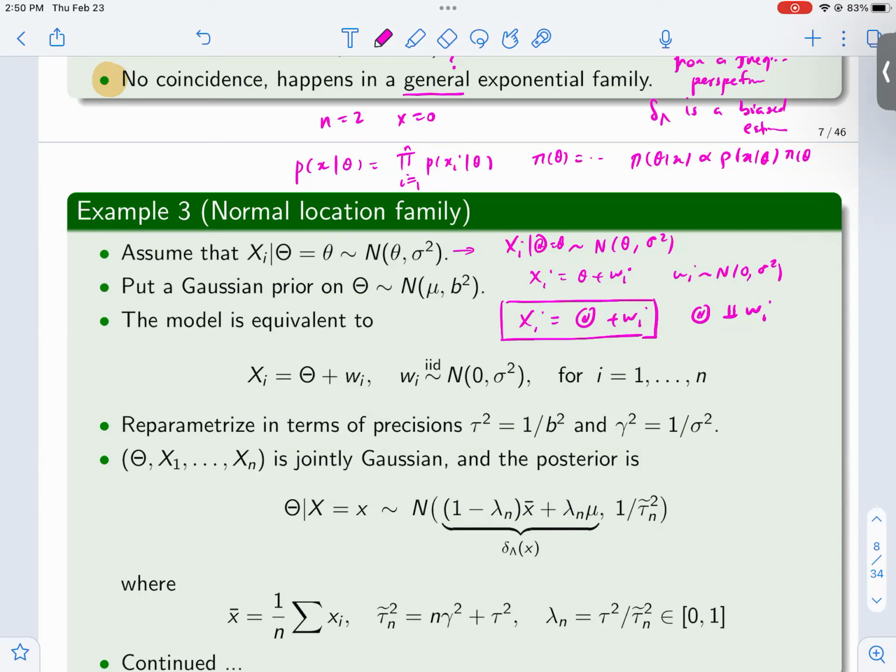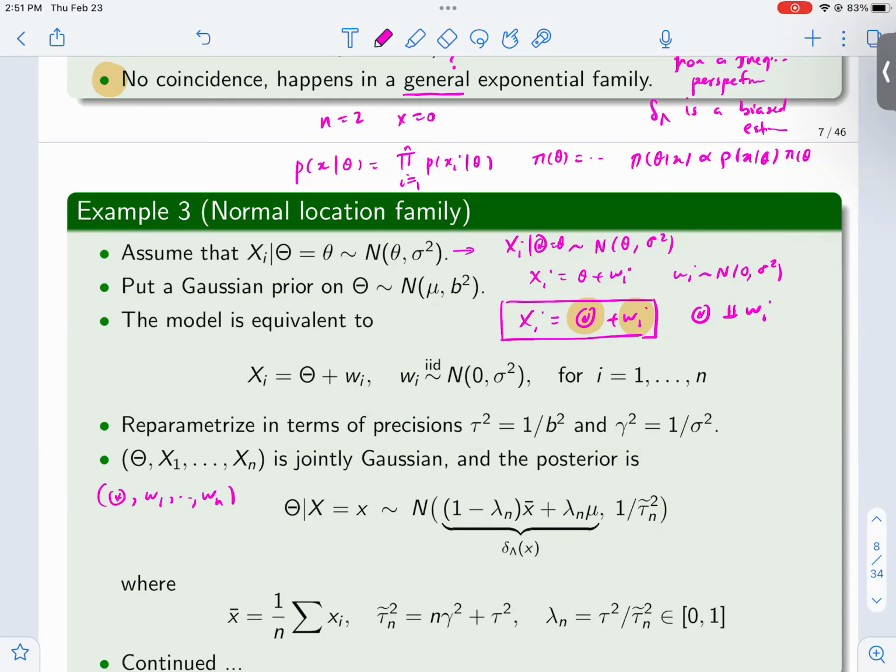That specifies the full joint distribution. Because I'm assuming this is Gaussian and independent of these, theta and W1 up to Wn would be independent Gaussians.